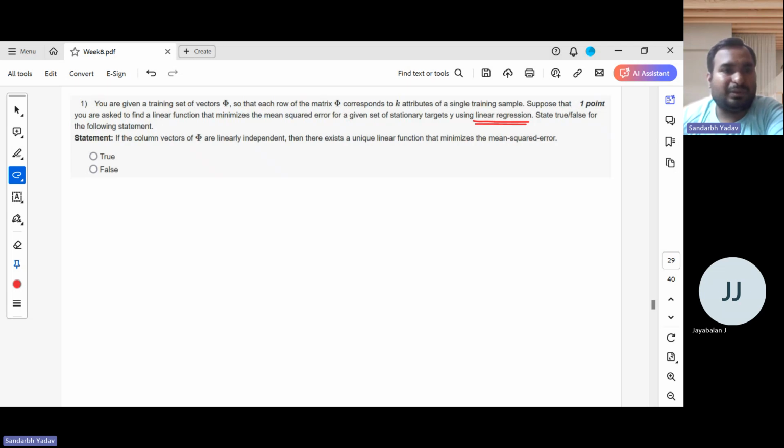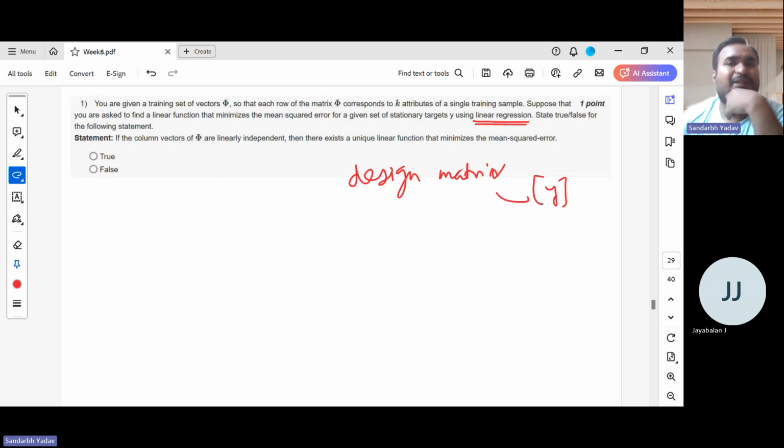State true or false for the following statement. The key term here is linear regression. If the column vectors of phi are linearly independent, phi is basically our feature matrix, or some people call it the design matrix also. So if you can append the labels also to this design matrix.